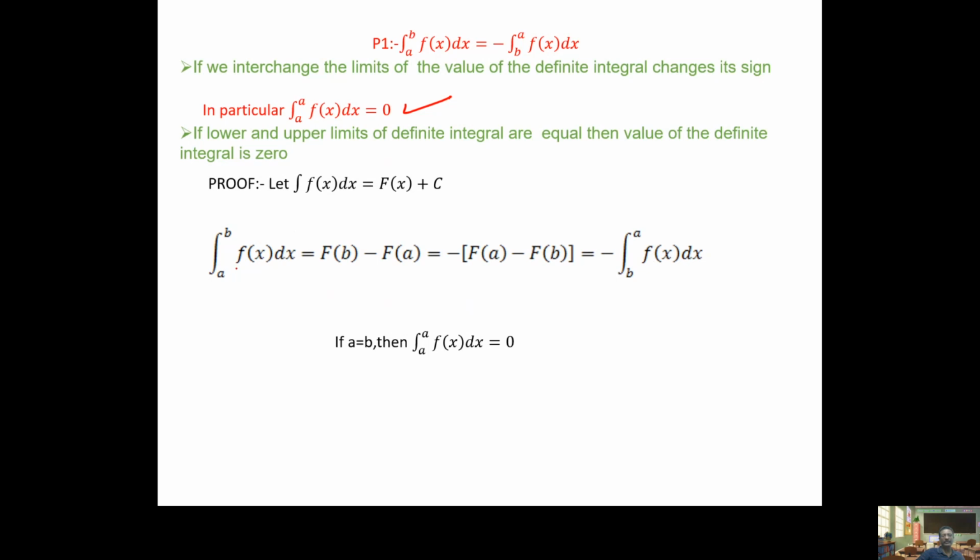See, integral f of x dx is capital F of x plus c. So integral a to b f of x dx is equal to F of b minus F of a, which is equal to minus of F of a minus F of b, which is minus integral b to a f of x dx. Suppose a is equal to b, what will happen? F of a minus F of a, what is the answer? 0.